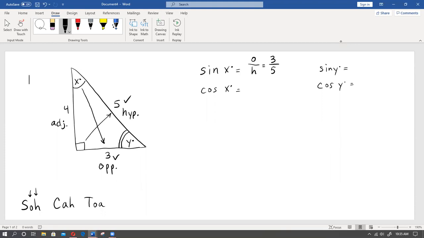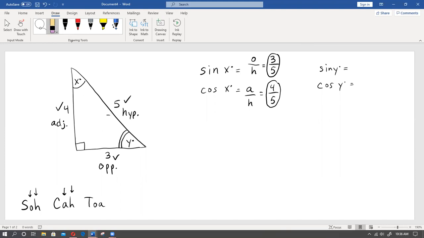Now for the cosine, that's going to be adjacent over hypotenuse. So we said the adjacent is 4, and the hypotenuse is 5. So we have 3/5 and 4/5.